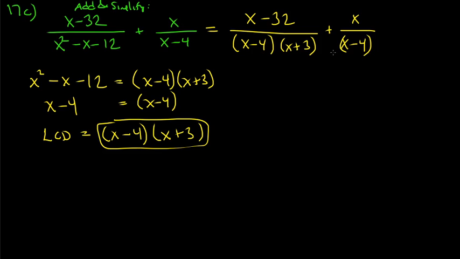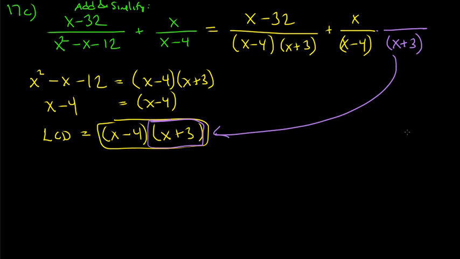What are we missing? We're missing the factor of x plus 3. So I have to multiply the denominator by x plus 3 so that it matches the LCD. But if I multiply the denominator by x plus 3, I have to do the same thing in the numerator, so that I'm just multiplying by 1.